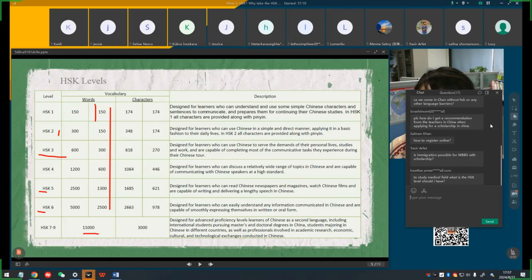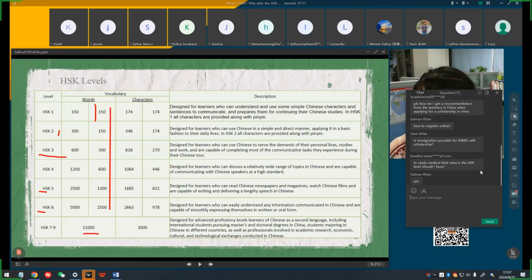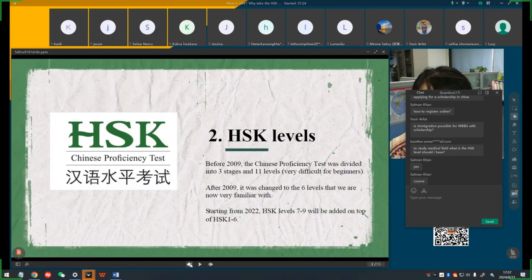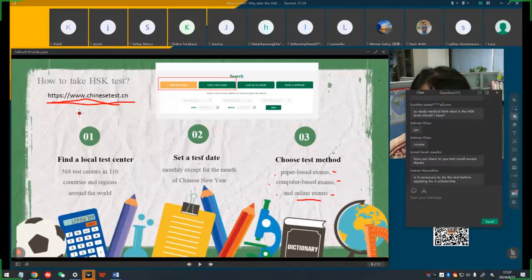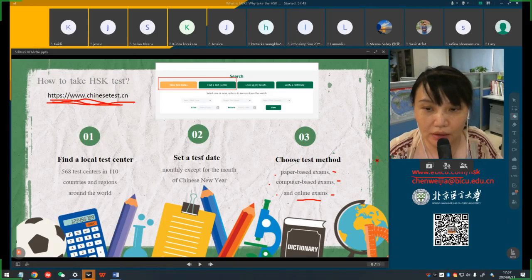How to register online? Do you mean registering for the HSK test or for the HSK course that we have? If you want to register for the HSK test, go to www.chinesetest.cn to register for a test and also to check if you have a test center near you.